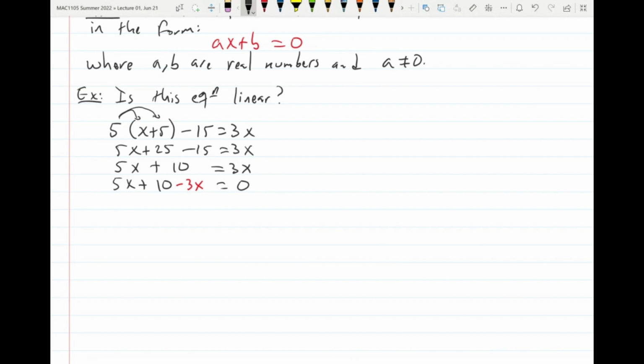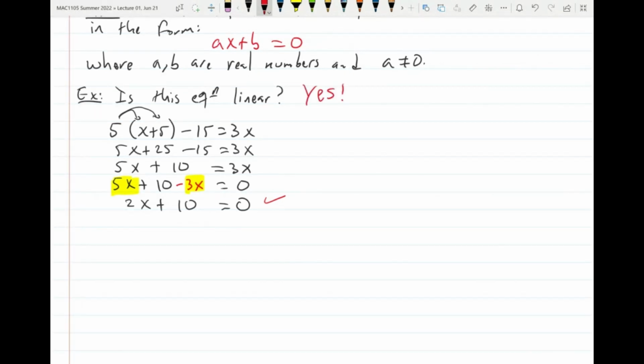This one we don't touch, but 5x and 3x we call like terms because they both have the same variable part, the same literal part. So you do 5 minus 3, which is 2. So you get 2x plus 10 equals 0. And now this fits the form in the definition, right? A number times x plus a number equal to 0.